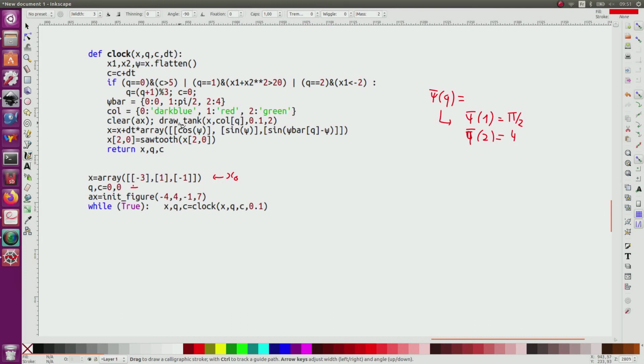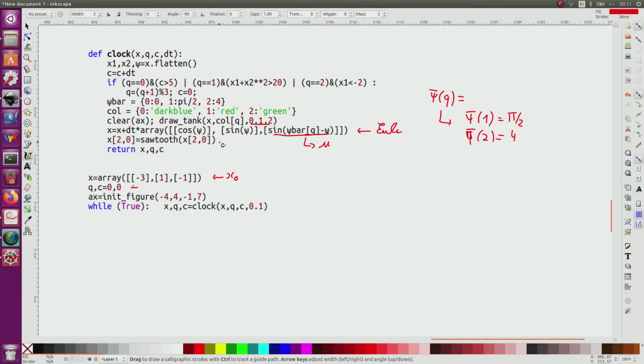At each sampling time, I will draw the tank with respect to the state variable. I will take the color given in this dictionary, which depends on the value of q. Here it's the size of the robot, just to see something on the picture. This is an Euler formula. So this is an Euler integration chain, where this corresponds to u.